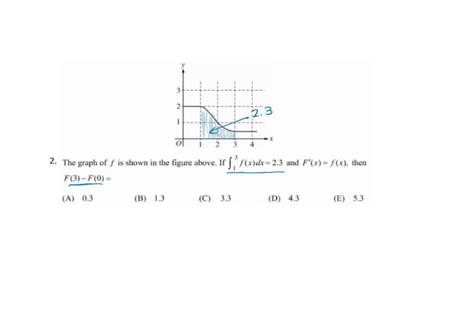Now keep in mind that this notation is telling me that f at 3 minus f at 1 is 2.3. So if we can compare that to this notation, this is actually talking about the integral from 0 to 3 of f at t dt, or f at x dx.